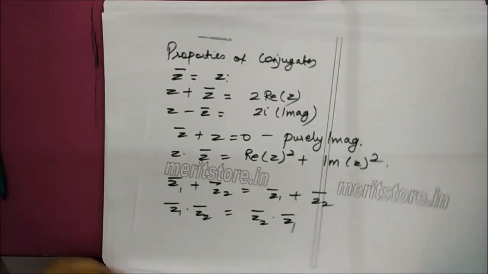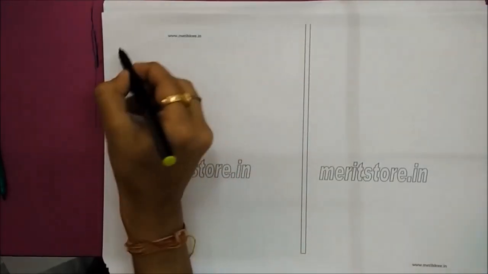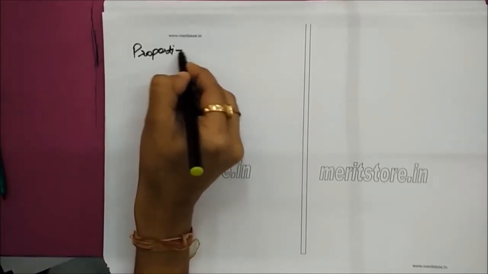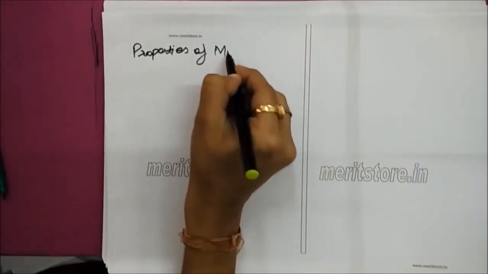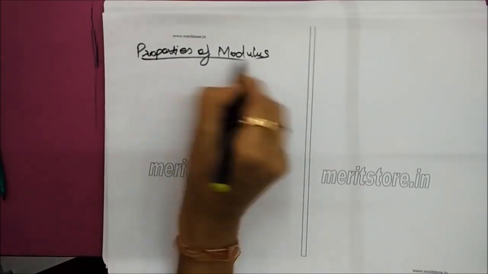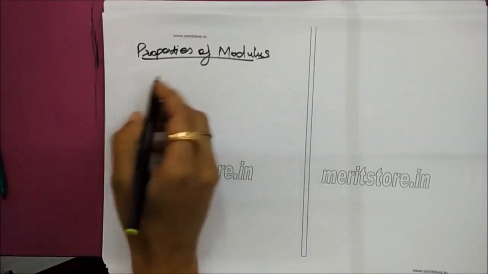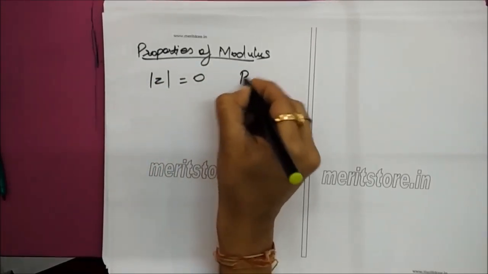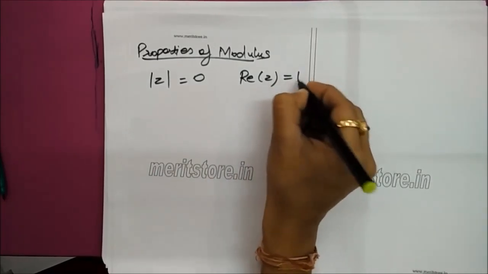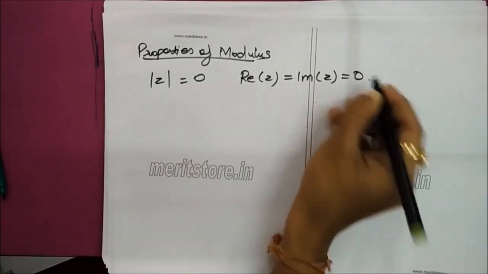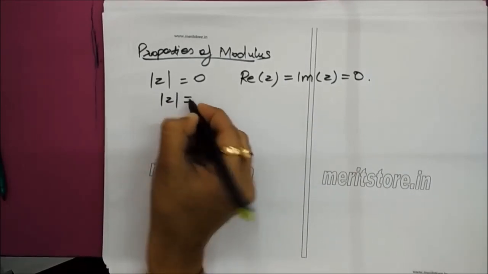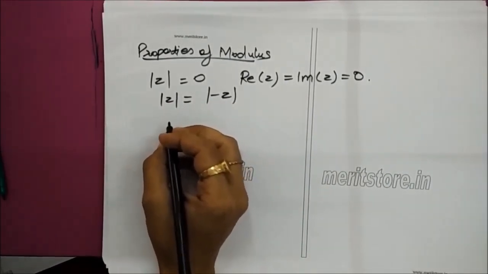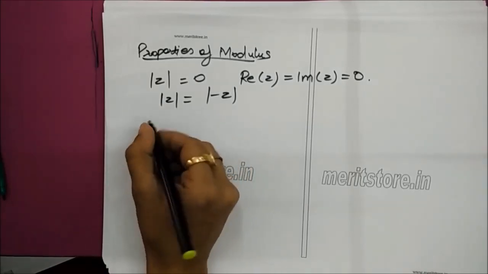Now discussing the properties of the modulus. Let's discuss the properties. If modulus is equal to 0, then the real part and the imaginary part of z are both equal to 0. Modulus of z is equal to modulus of negative z.